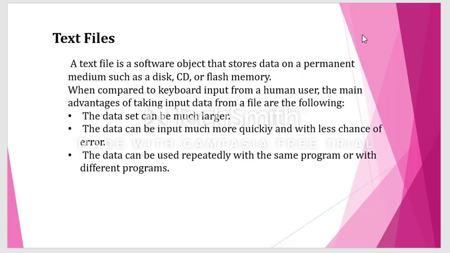But if we have 100 values or 1000 values to check, at that time this manual way of giving input is not the efficient way. So I place all my input values in a text file, and the text file is given to the program. The program takes each and every value from the text file, processes it, and gives the result. This is the alternative and the best solution for giving input.